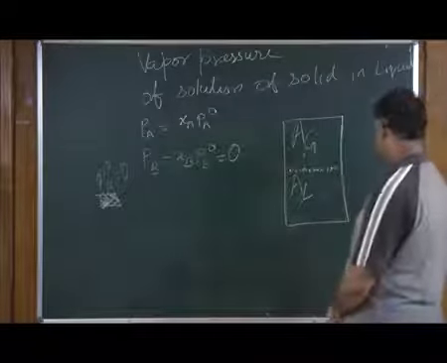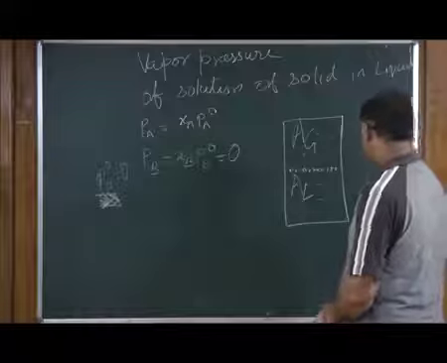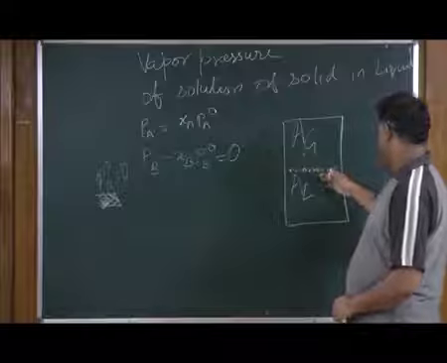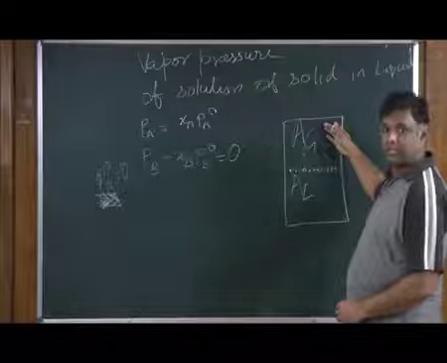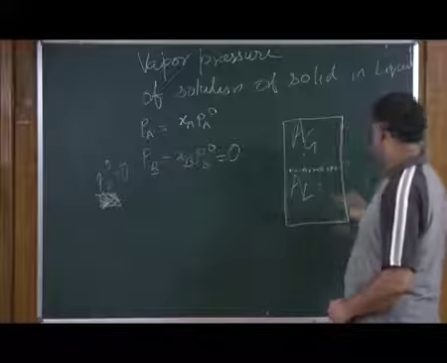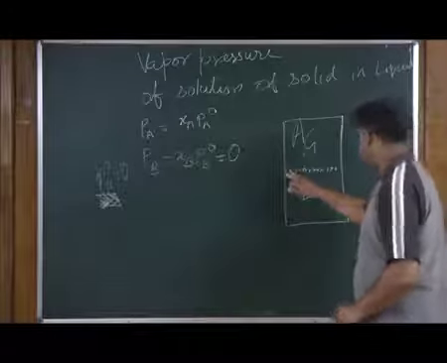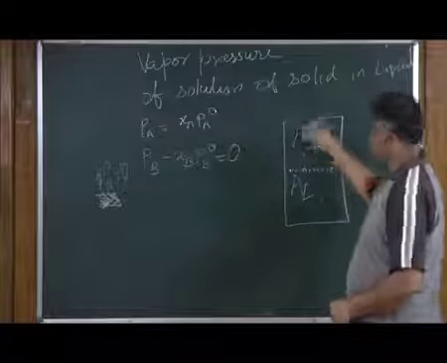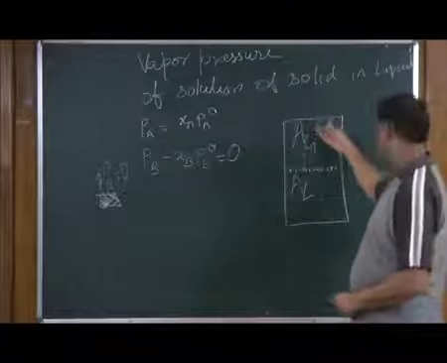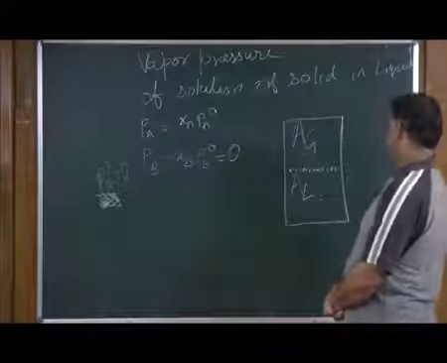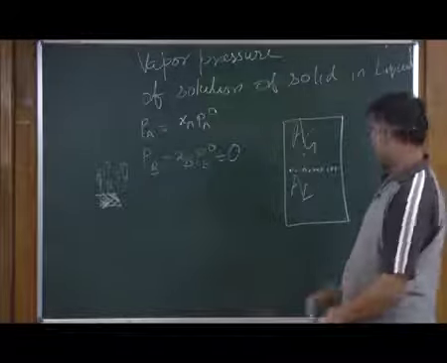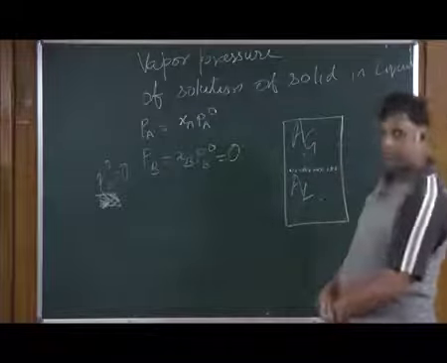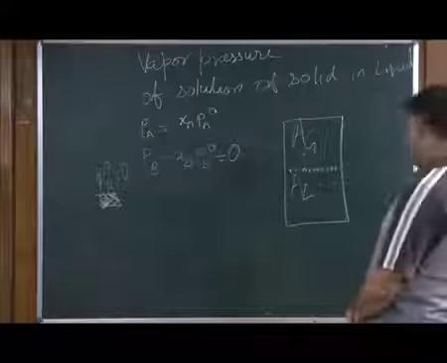The solvent is going to evaporate, but there are fewer solvent molecules at the surface, so the evaporation has decreased. The moment we have added the solute, the concentration of solvent molecules at the surface has decreased, but the partial pressure of A has not changed, so molecules are going to strike at the same rate. So, the evaporation rate has decreased, but the condensation rate has not changed.